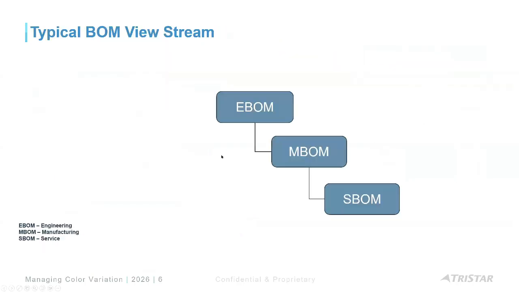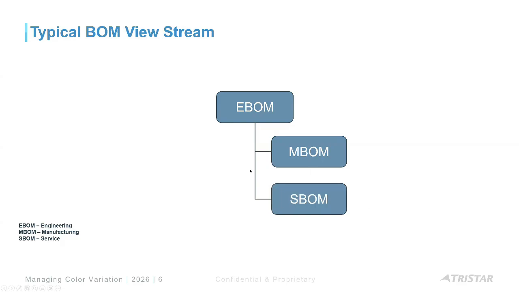So typically, what is a view stream? When we look at the typical out-of-the-box view stream in Windchill, you have for parts something called the engineering, manufacturing, and service view.